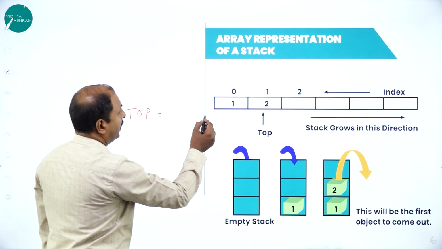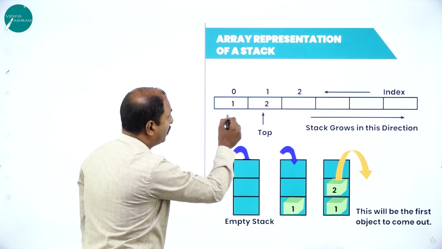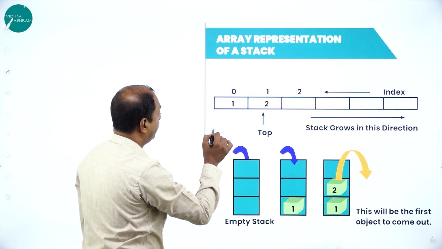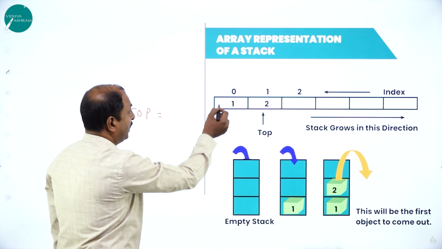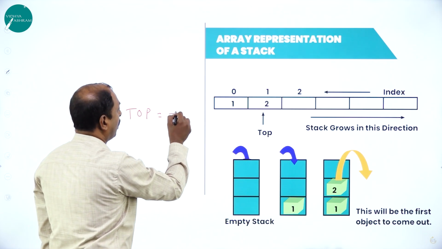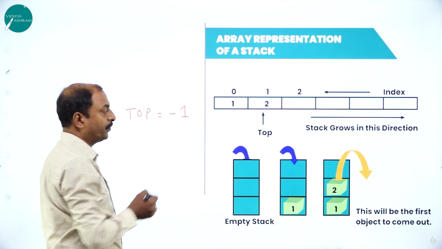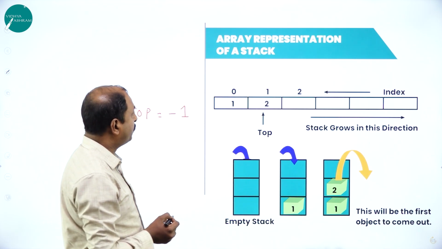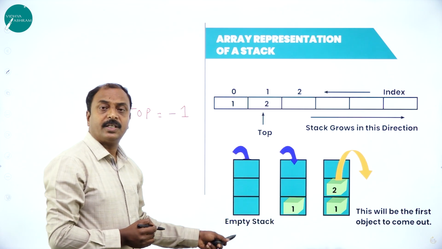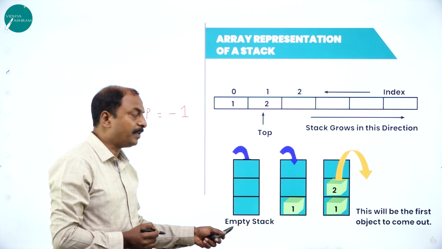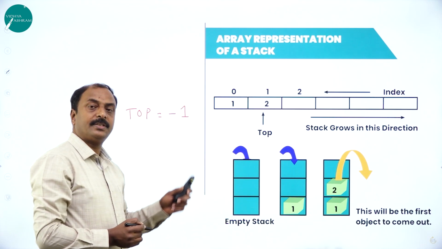If we implement a stack on an array, this will be the first element. Suppose this is the place where we have to insert new data. In this example, we say top equals -1. When top equals -1, what is the meaning of that? The stack is empty, which means there are no elements in the stack.